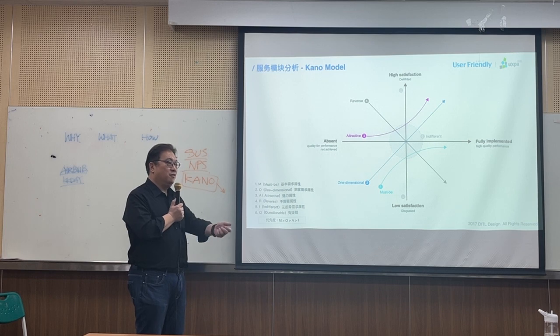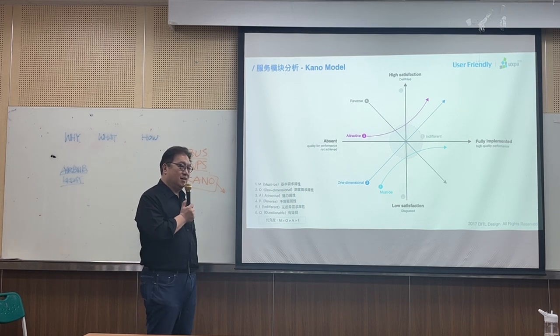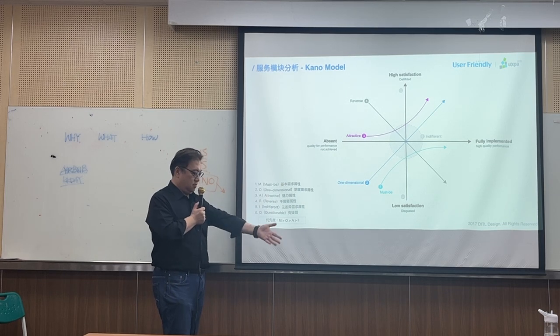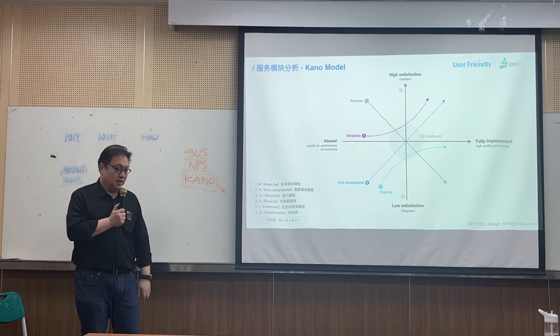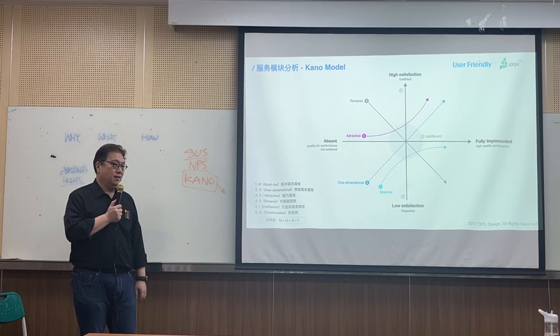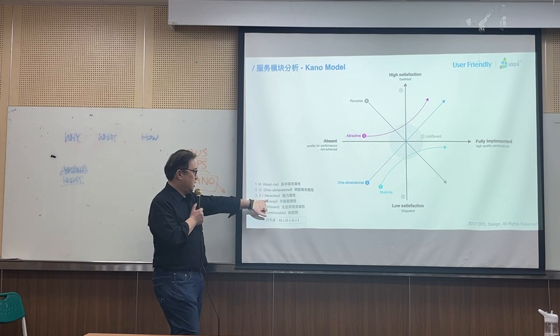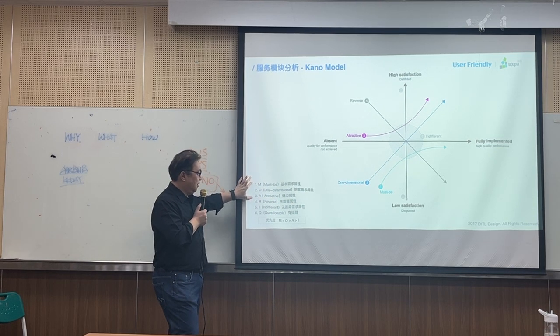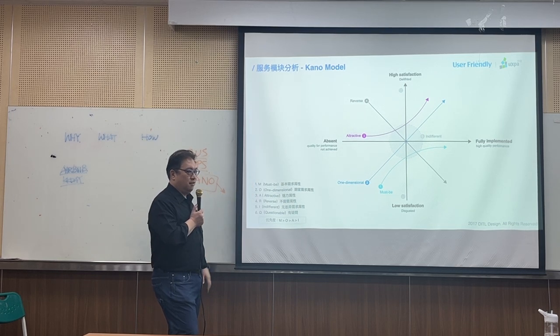It gives you a voucher: congratulations, it's 50% off. That could be. If they didn't give you any voucher, you will not feel upset, it's okay. So that's attractive. Basically there are three functions you need to think about: must-be, one-dimensional, and attractive.